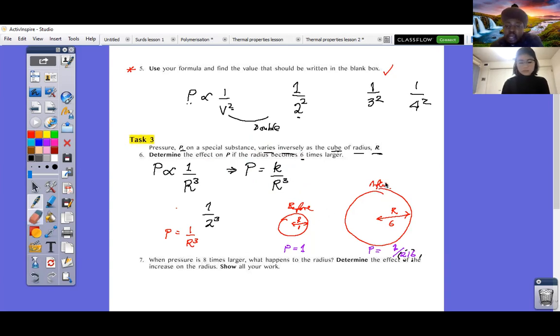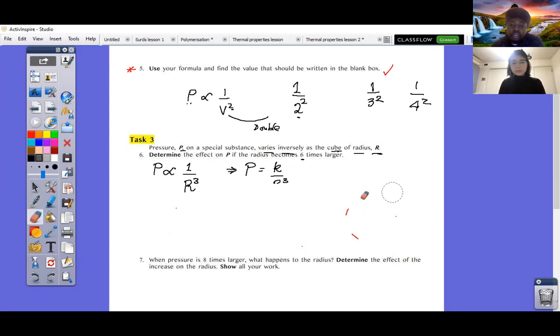Are you okay with what answer you firstly put down here? Oh, sorry, you sent me a message through the chat. Just the equation: P will be K over 6R cubed. Good. Your question was, how do I continue?